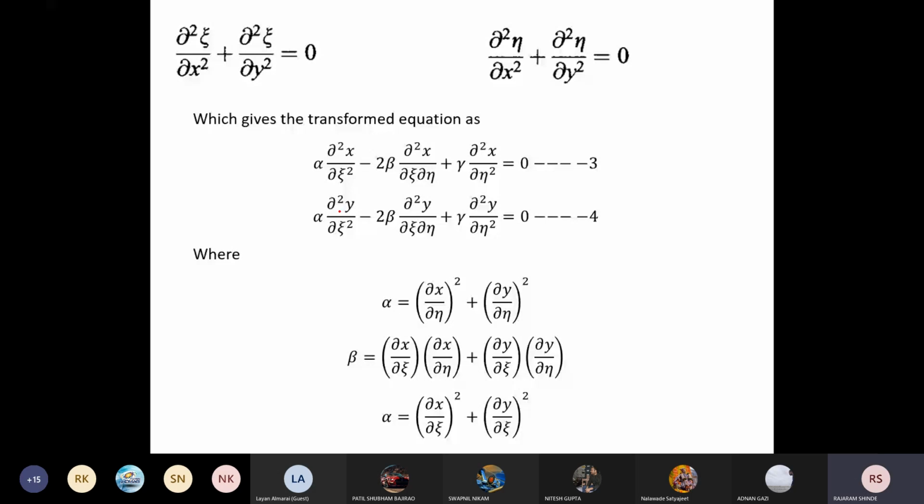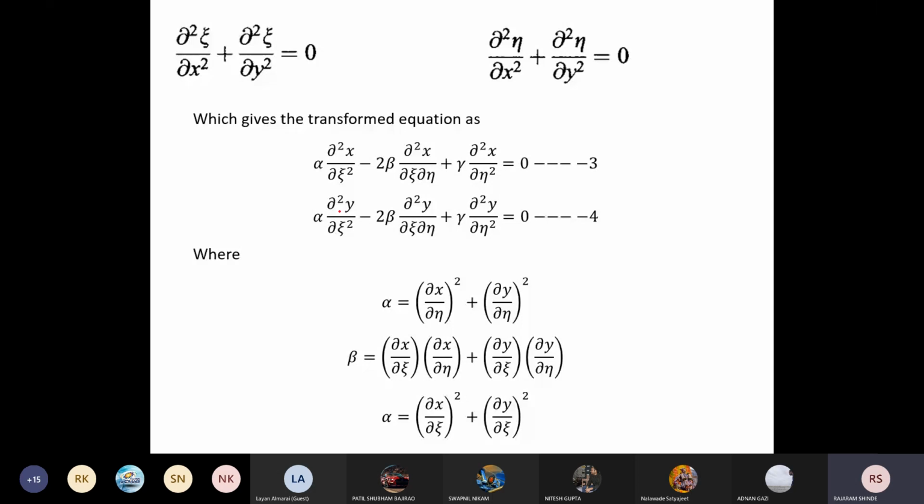Now, if you observe equations number 3 and 4, the elliptic partial differential equations, x and y are the dependent variables, and xi and eta are the independent variables. In the inverse transformation, x and y are the dependent variables, and these are functions of xi and eta, which are independent variables.